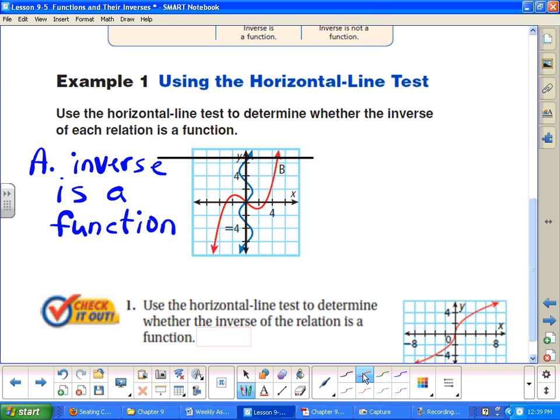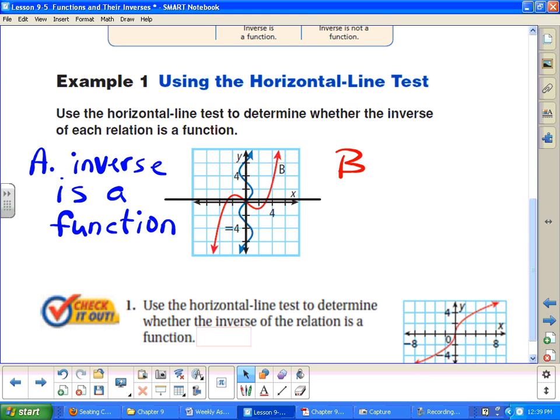For the red one, use my same horizontal line, and in this area, all these areas here, it intersects more than one point, so the inverse there is not a function.